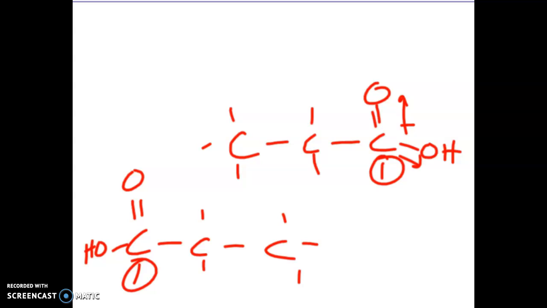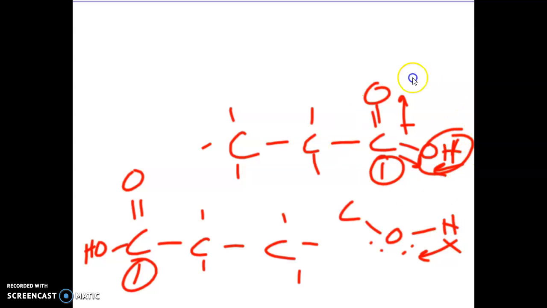And most importantly, and it's not really drawn great here, but if we were to draw this out in a little more detail, the OH is a hydrogen bond donor. So we have now our first structure that will be more polar than a regular alcohol, if I compare a carboxyl group to a molecule with an OH on it.